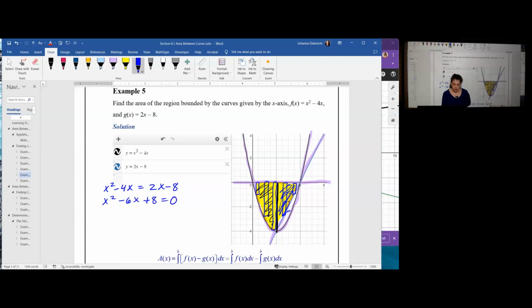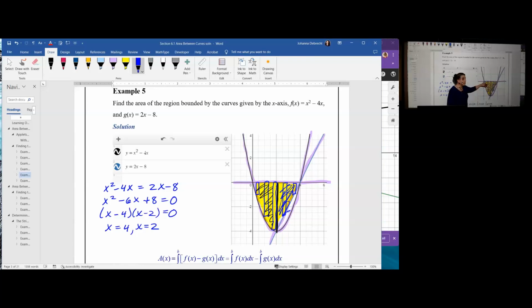In this case, it does factor. This gives us x minus 4, x minus 2. This gives us two places where they intersect, at x equal 4 and at x equal 2. Now, we also need to know what the left and right boundary points are, where in fact the parabola is intersecting y equals 0.